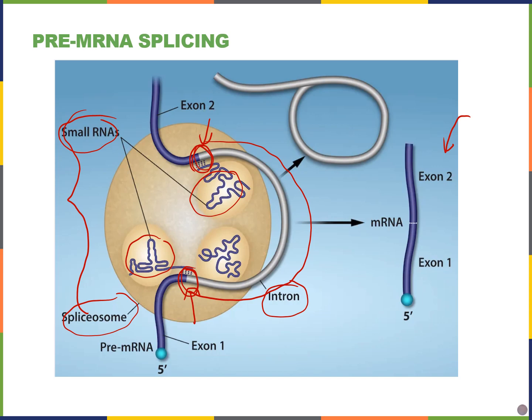Or if there are mutations in the small nuclear RNA sequences that are part of the spliceosome, that could also cause problems with cutting out introns and producing normal proteins after you translate the messenger RNA.